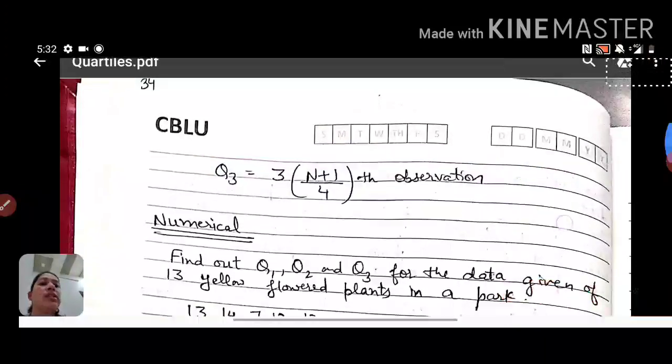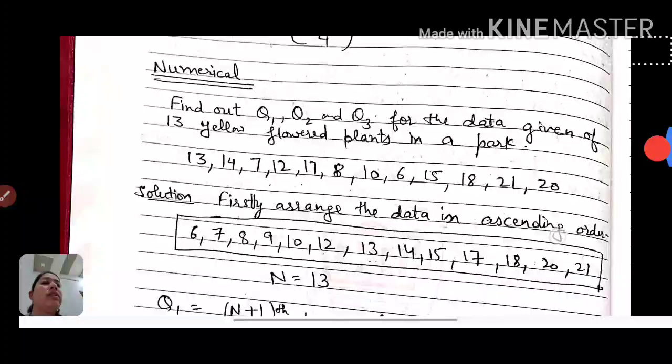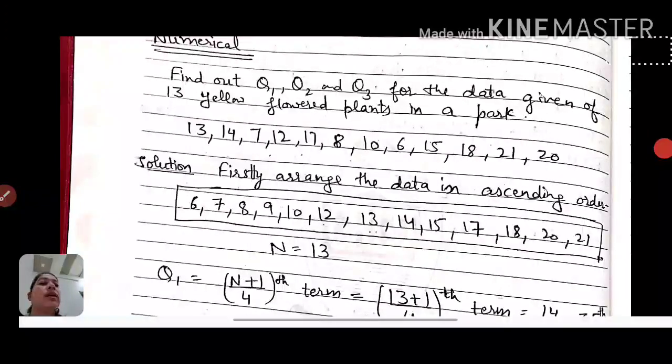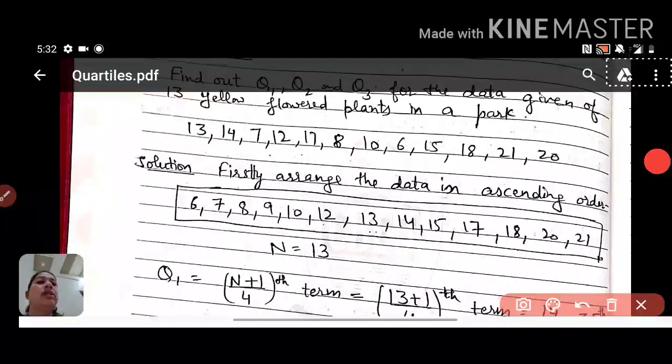To explain this, I am solving one example here. The data that is given is like this. These are the terms in the data: 13, 14, 7, 12, 17 and so on. Any kind of data that is given to you, your first task is to arrange the data in ascending or descending order.